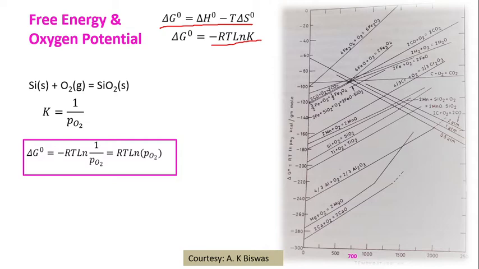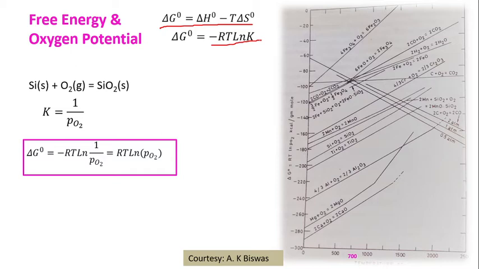Standard state means all the reactants and products are in unit activities. That means solids and liquids are pure and gases are at 1 atmospheric pressure. So the del G naught value gives an idea about the feasibility of a reaction. If it is negative, then the reaction is feasible, else it is not.